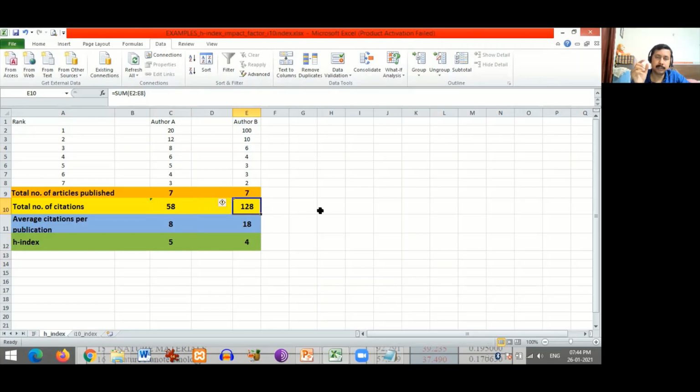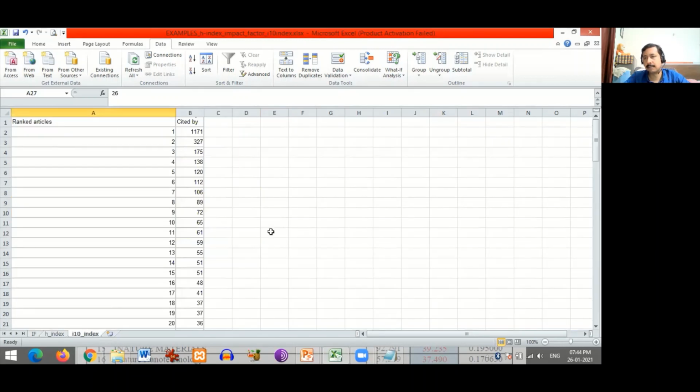So he is not as consistent in receiving citations as author A is. Therefore, if you consider H index as the basis of comparison, then author A turns out to be more consistent, therefore more impactful than author B. This is how H index can be found out for an author.